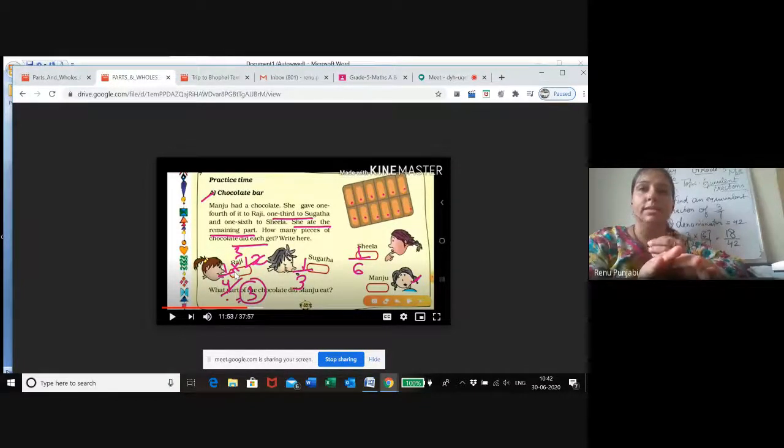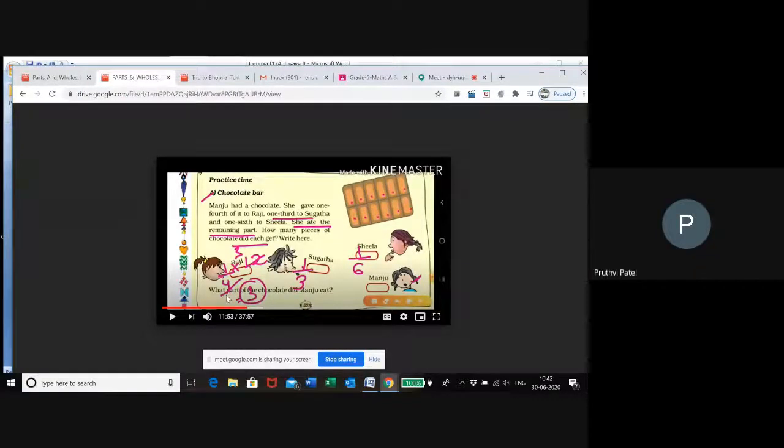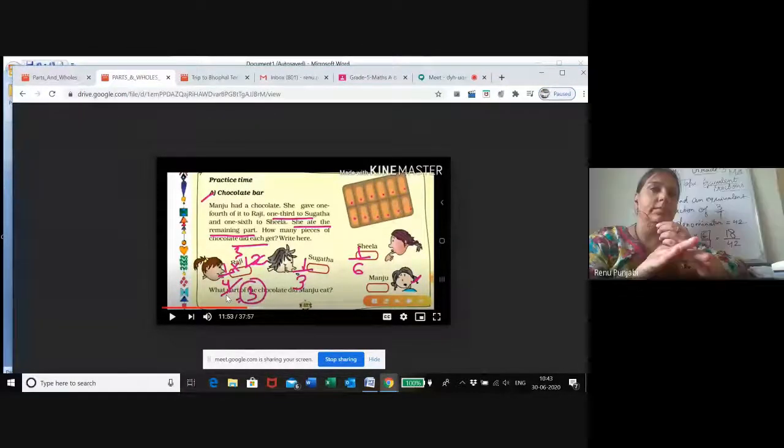First you listen with this PPT and then I will explain on the board also. So 1/4 multiplied by 12, because the total parts are 12. We have to divide this number 12 by the denominator. First understand, and then I'll give you time to write.